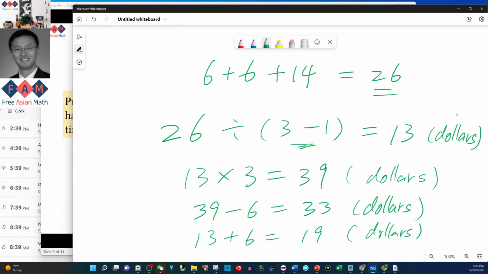Okay? So you can verify that 33 minus 19 is 14. That's the original difference between the two. So this is another typical difference and multiple word problem, with the intermediate hypothesis right there.